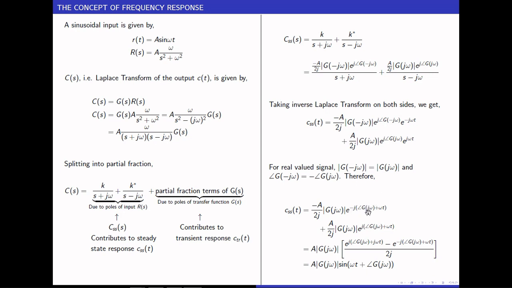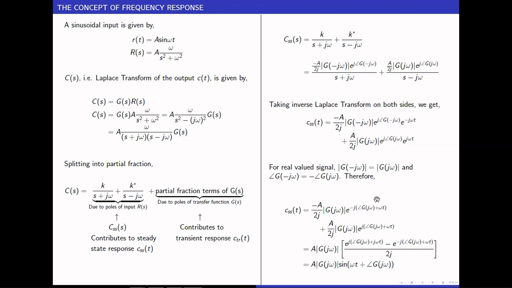So G of j omega. Obviously A appears as a common term, and the magnitude of G of j omega also appears as a common term, and they can be taken out, and here I get e power j something. Please note here, this minus j omega t and this j angle of G of minus j omega can be combined.